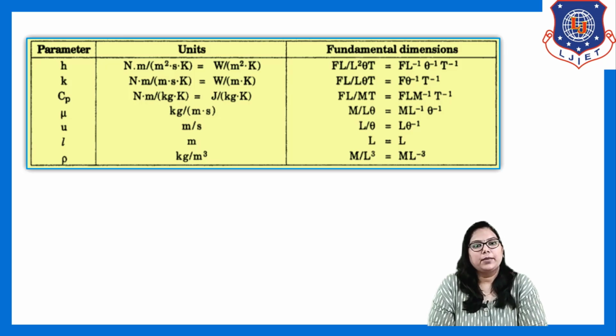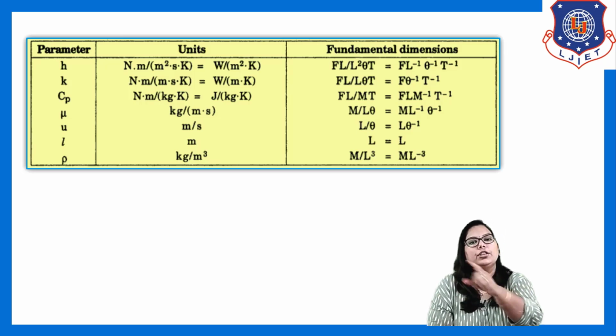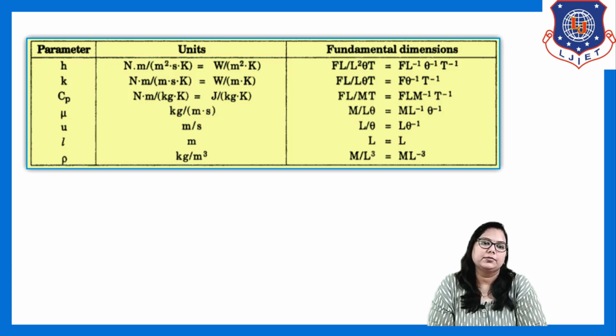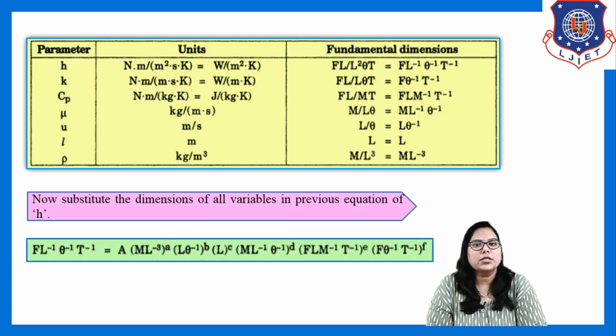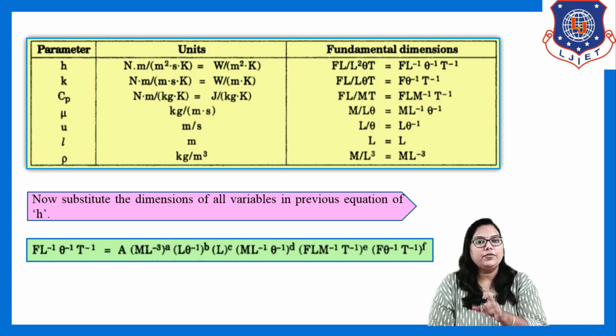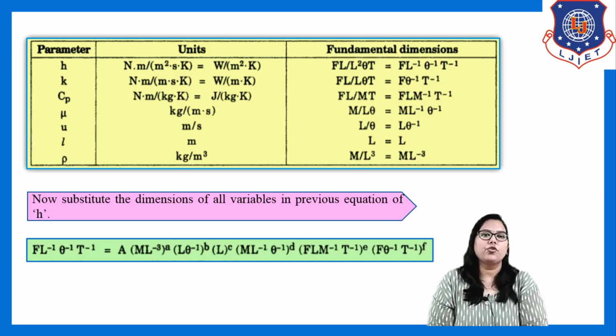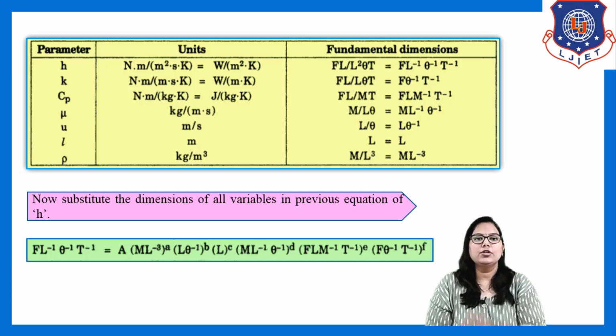Now in the next step, write that equation in the form of fundamental dimensions. Substitute the dimensions of all the variables in the previous equation of h. Now the equation will become like this. F, L to the minus 1, theta to the minus 1, T to the minus 1, this is the dimension of h, which is equal to capital A as it is, a constant.